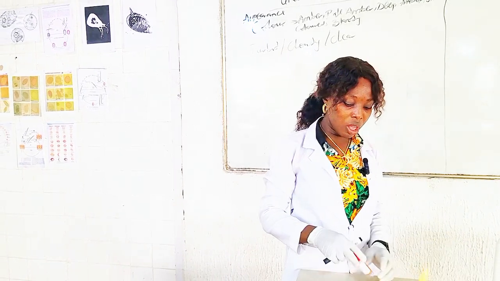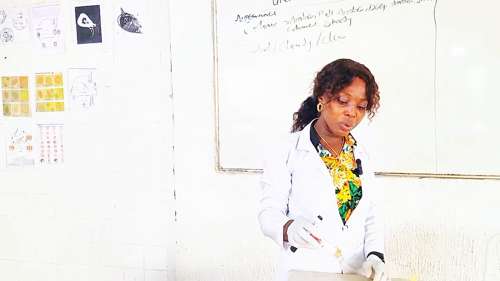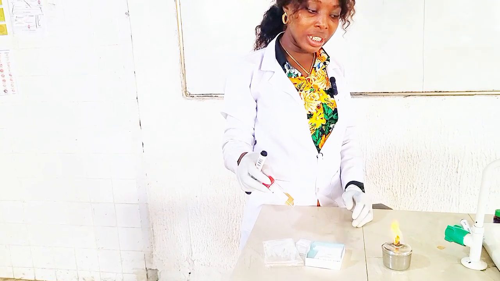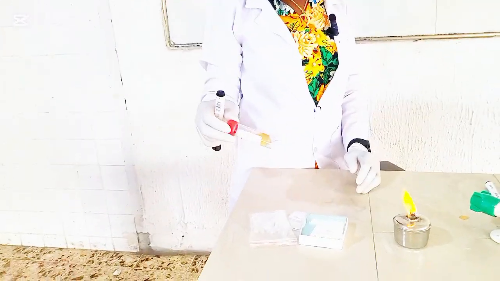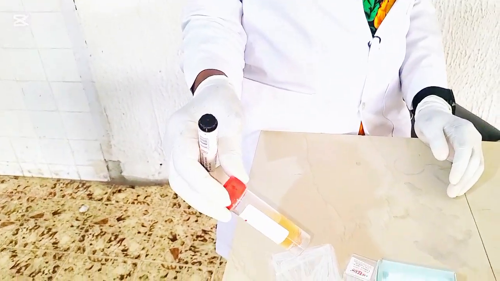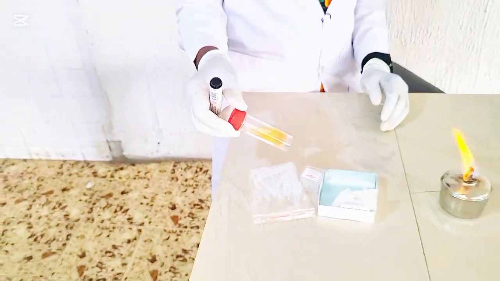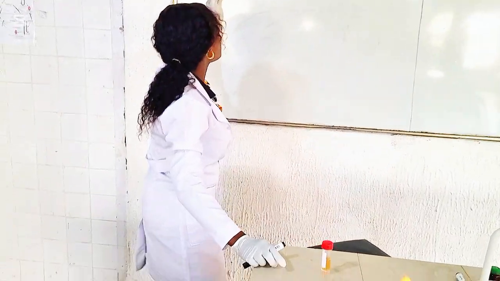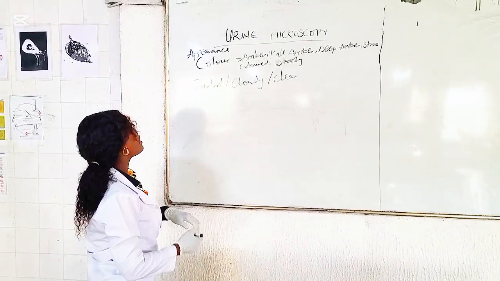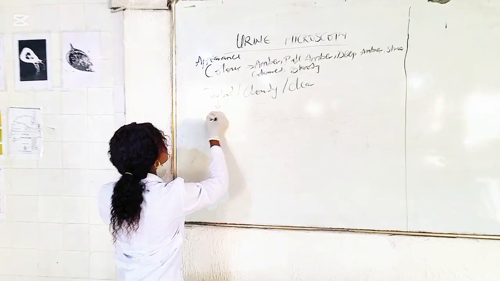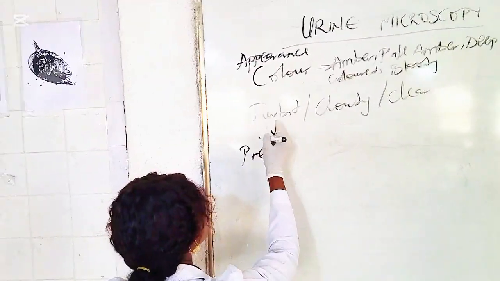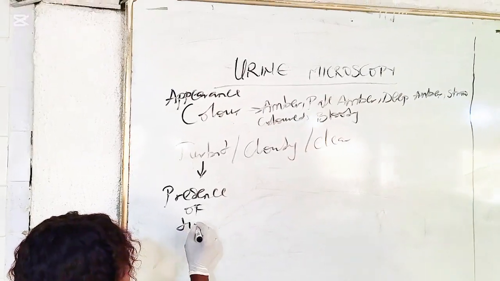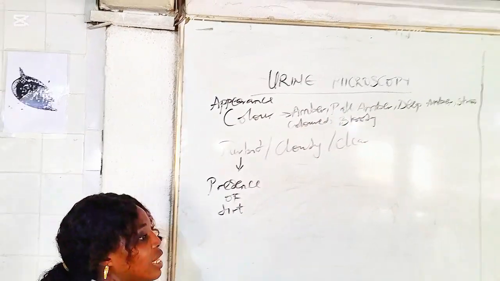So now, for this urine sample, you can say this urine is amber. And then to check if the urine is turbid: turbidity is the presence of visible dirt that you can pick out.